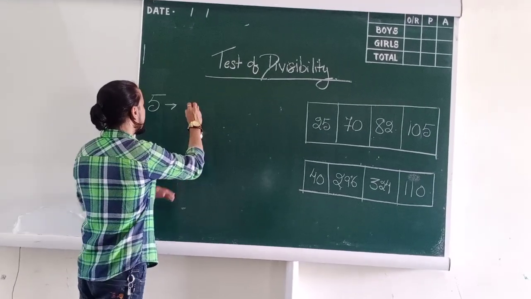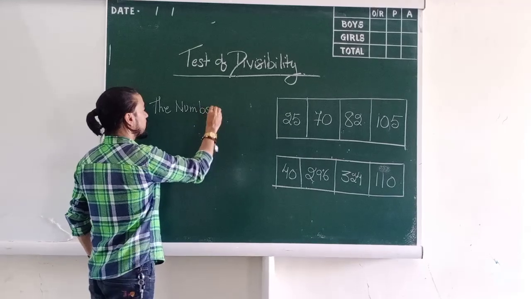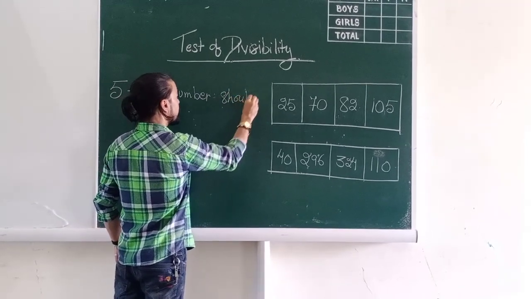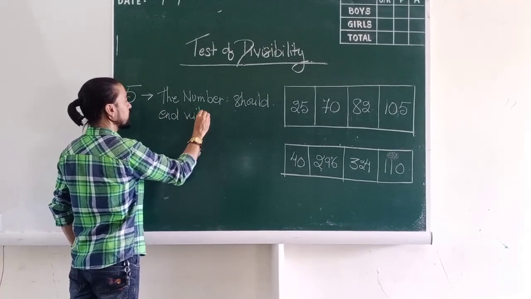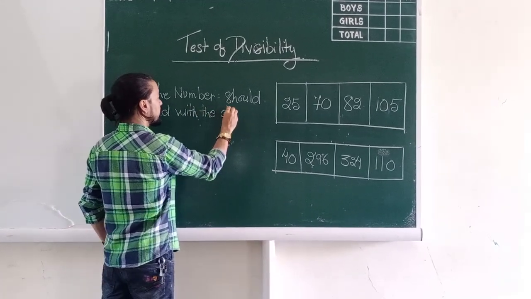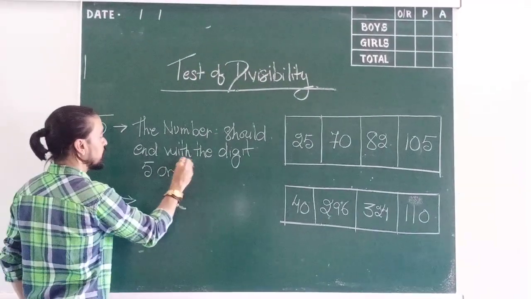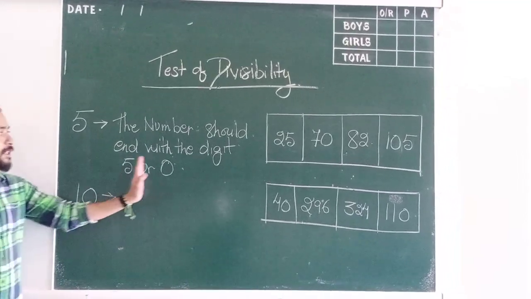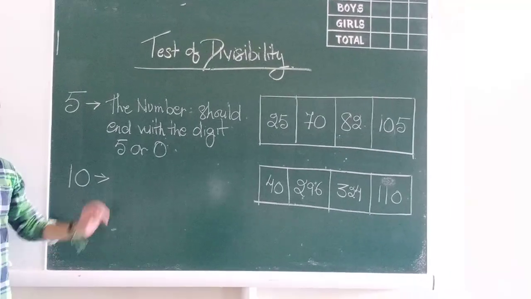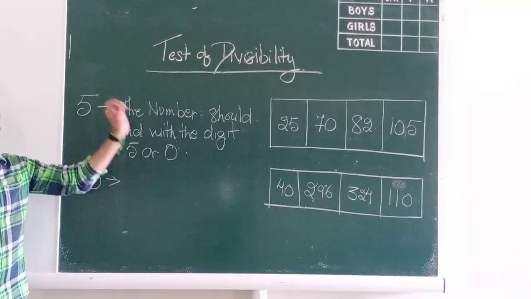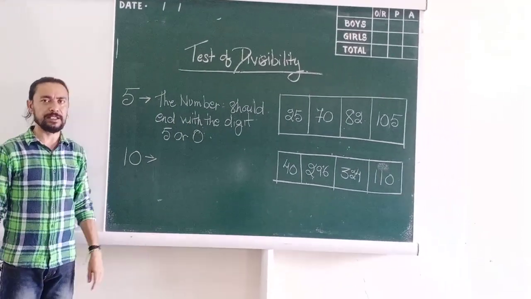For 5, the number should end with the digit 5 or 0 in order for it to be divisible by 5. So the last digit, no matter how big the number may be, if the last digit is a 5 or the last digit is a 0, that particular number is divisible by 5.